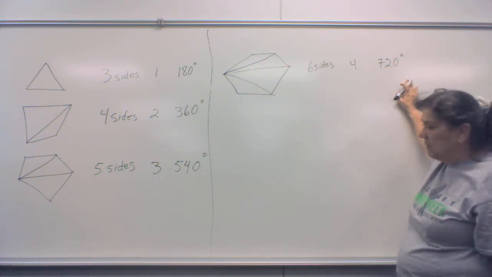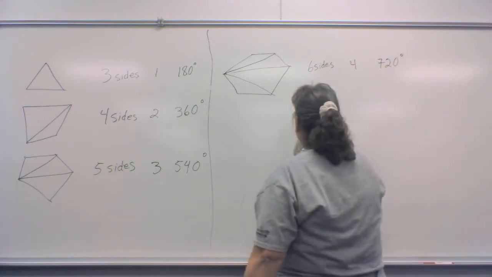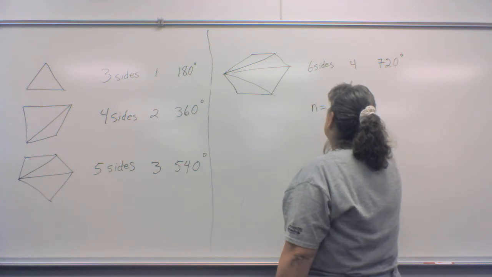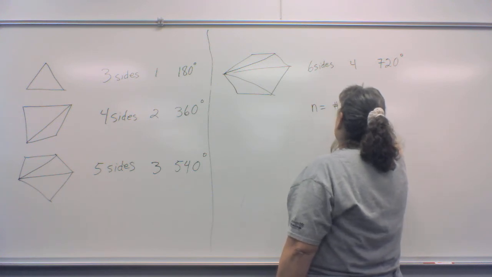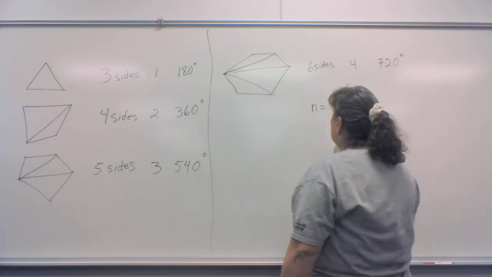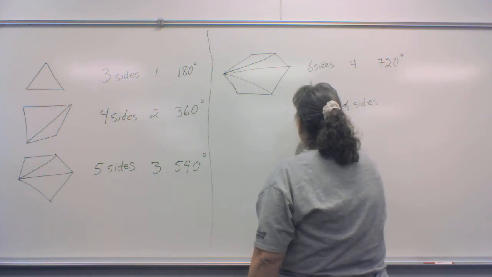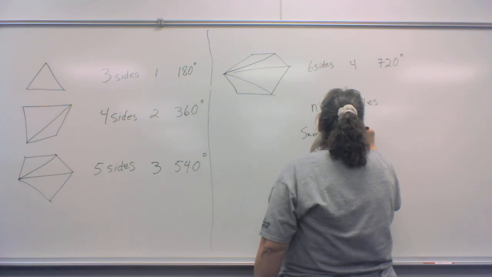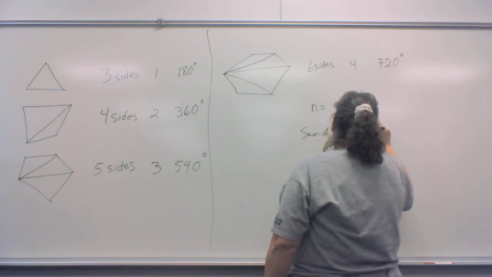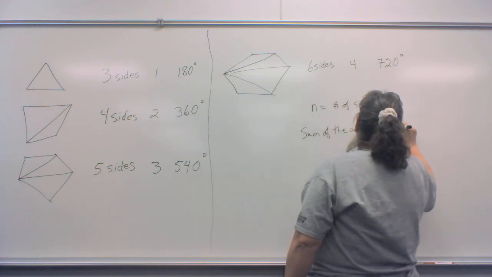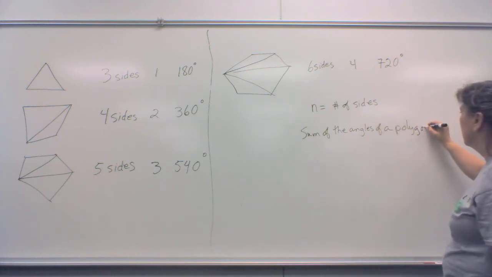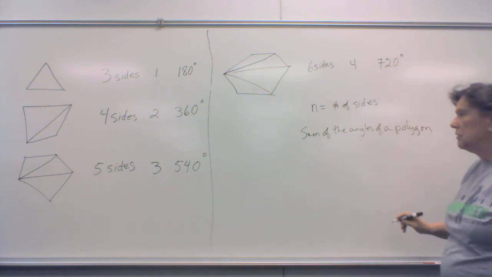So what's it going to be? Well, in general, n is equal to the number of sides. So our formula for the sum of the angles of a polygon, what is that equal to?